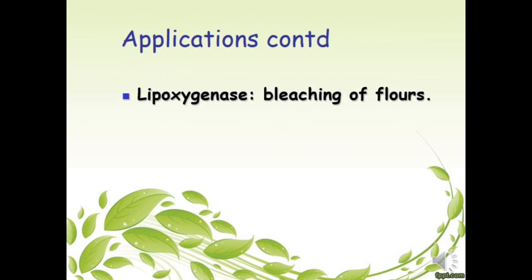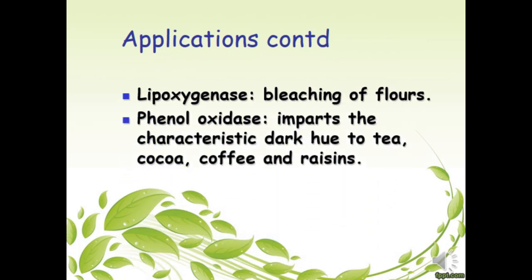That's why most flour is white in color due to the bleaching. And tea, cocoa, coffee, and raisins are dark in color due to the presence of phenol oxidase enzyme.